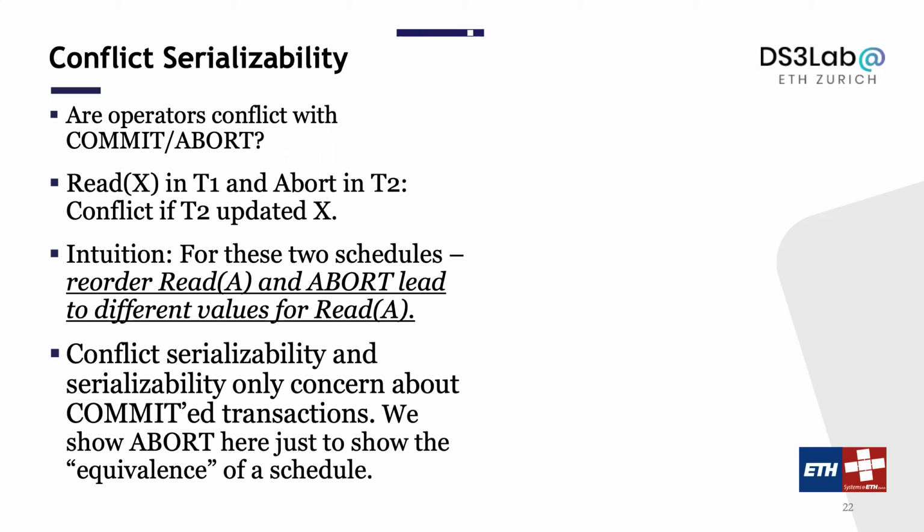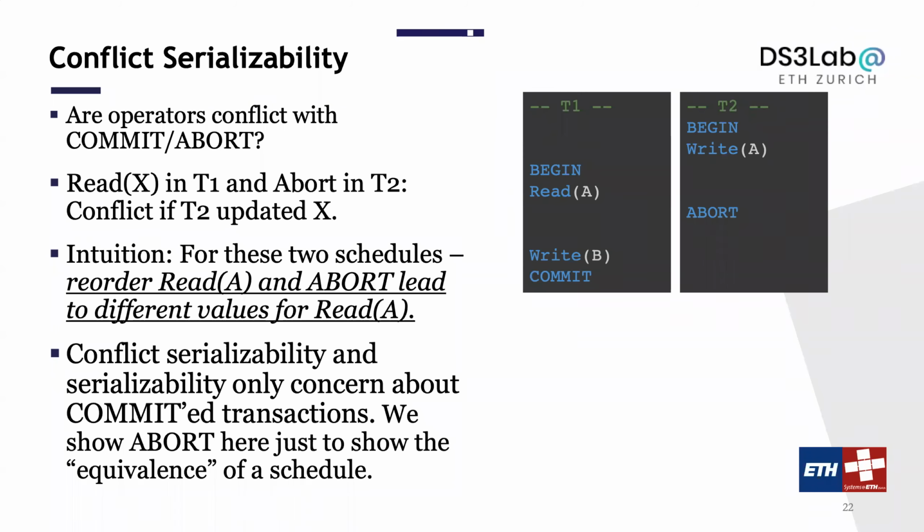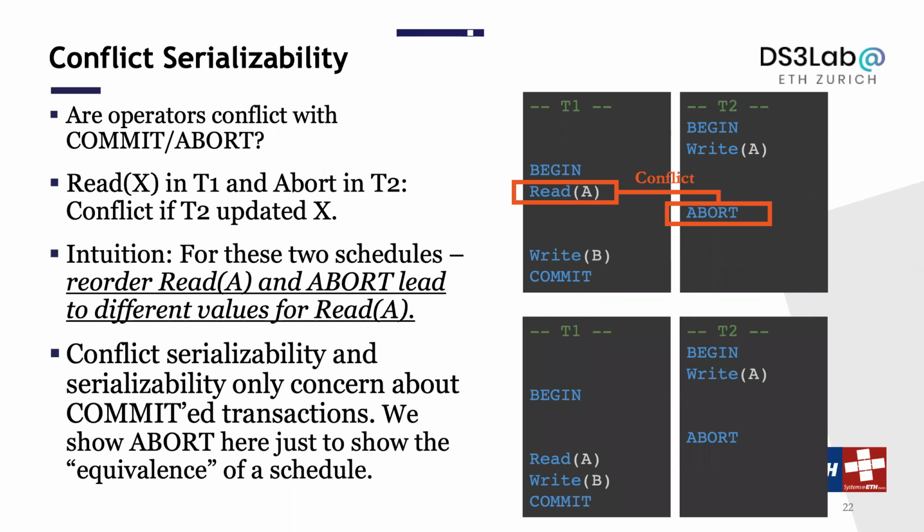Again, when we talk about conflict serializability and serializability, we only care about committed transactions in this course. We show the abort here because we want to give you an example of what we mean by equivalence between two schedules. Let's look at this example: T1 updates A, T2 reads A, and then T2 aborts. Flipping the order between these two operators is going to change the behavior at the end.